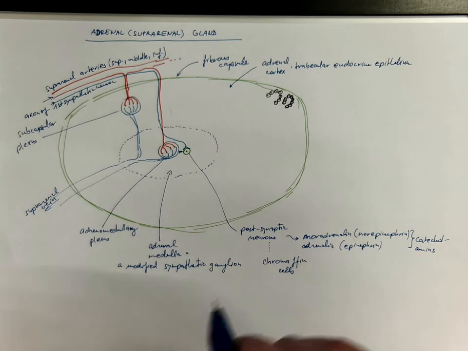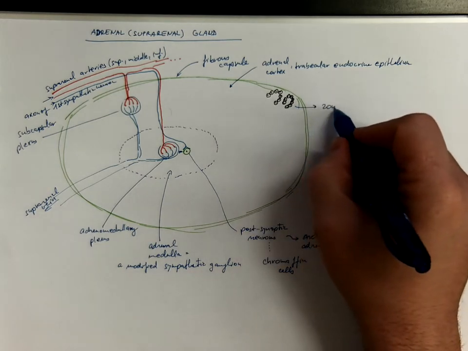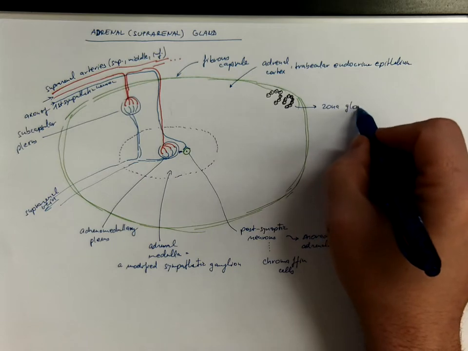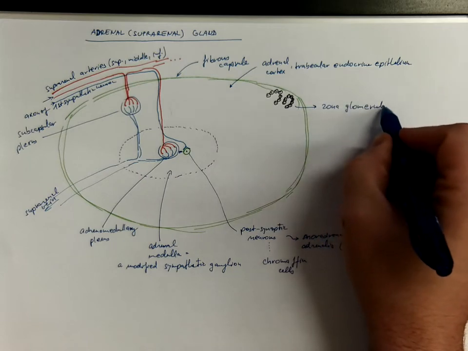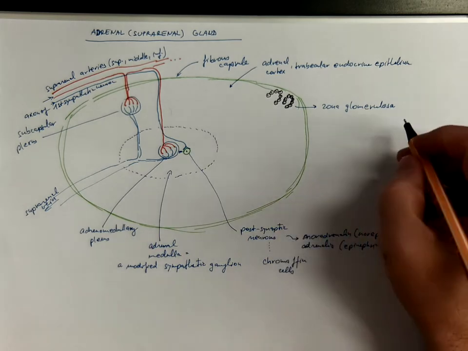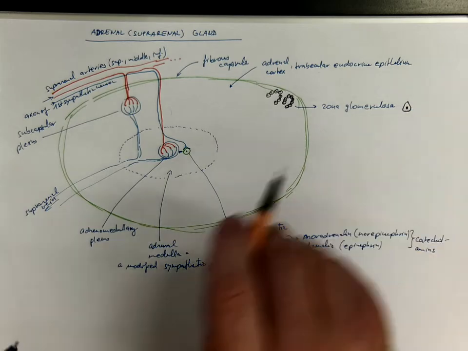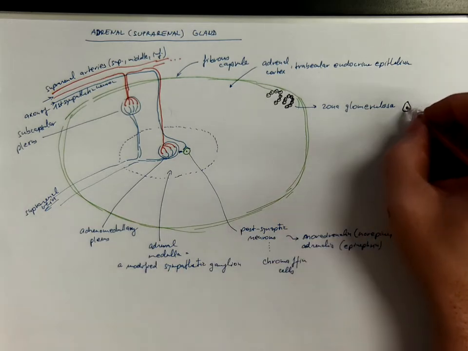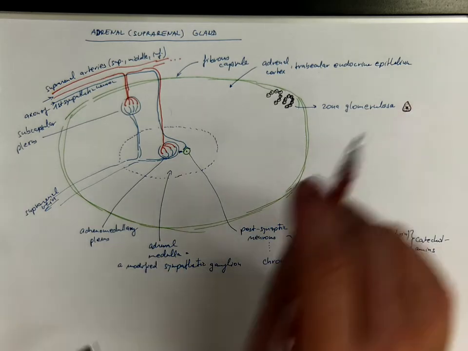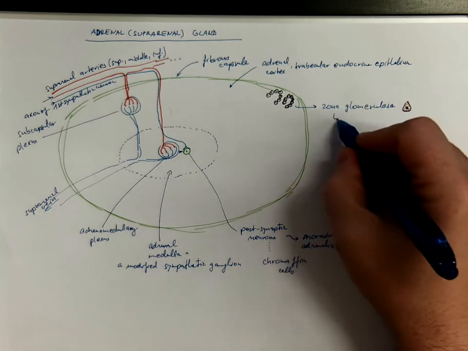That's why the first layer is called zona glomerulosa. The cells are kind of slightly eosinophilic, and this layer is producing mineralocorticoids.